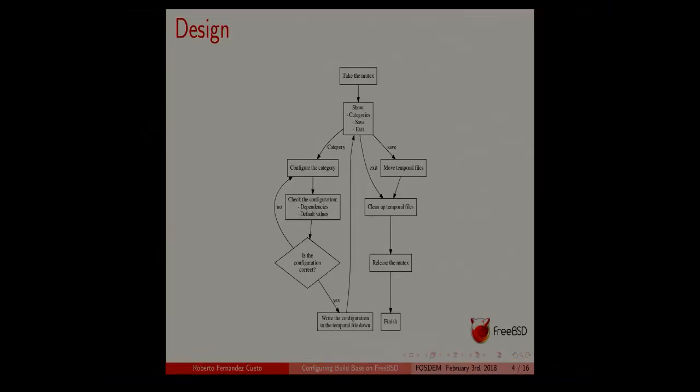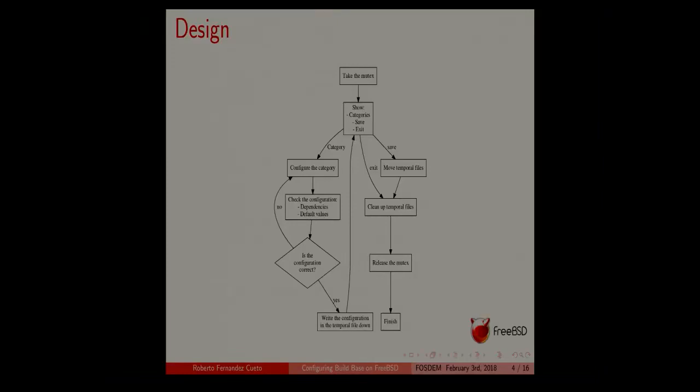When the configuration is correct, we write the configuration in a temporary file, and if it's not, we go back to configuring the options, warning the user: your options have dependencies that are not satisfied, and you should check what you have done. Okay, when you select the save and exit button, you move these temporary files to etc, so your configuration is permanent.